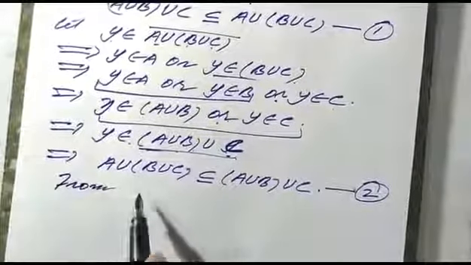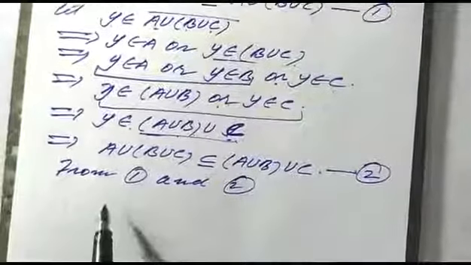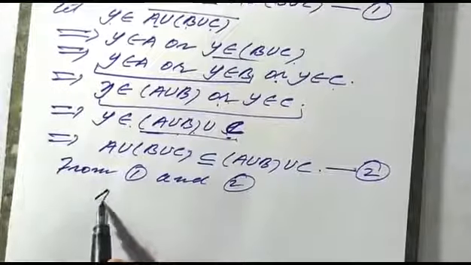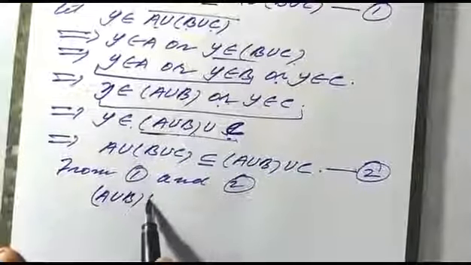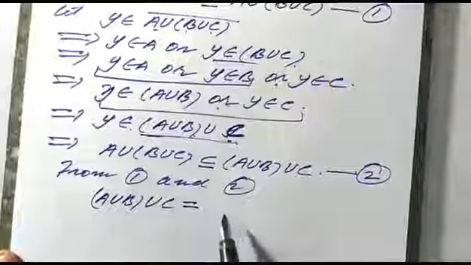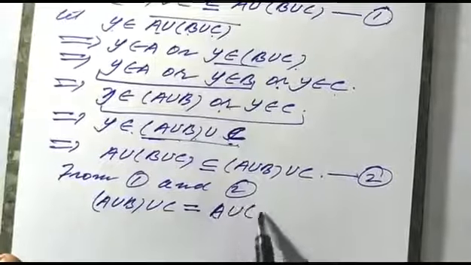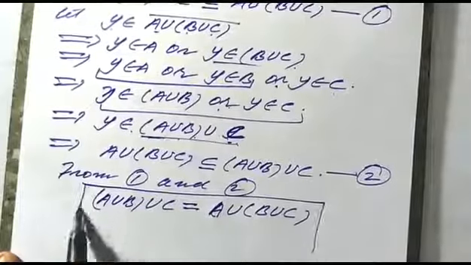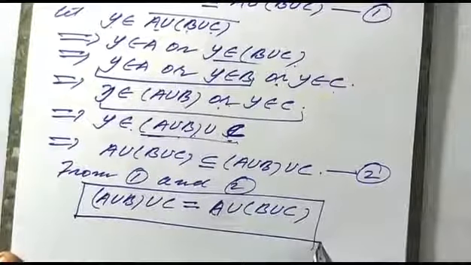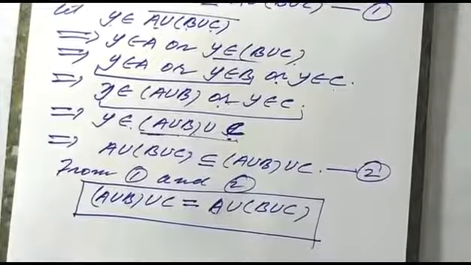From 1 and 2 we get (A union B) union C is equal to A union (B union C). So in this way we prove the first associative law. Now the second associative law you should try yourself.